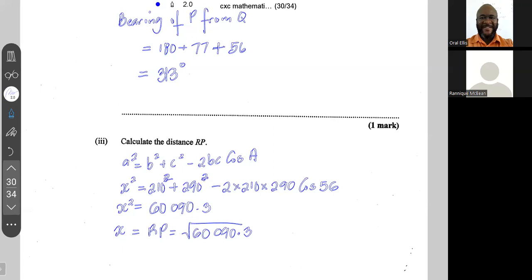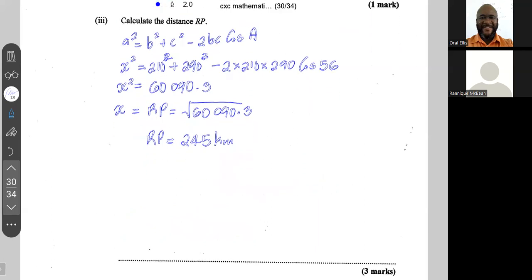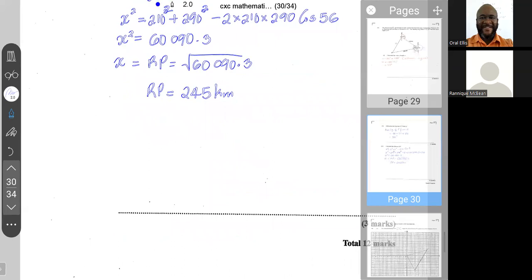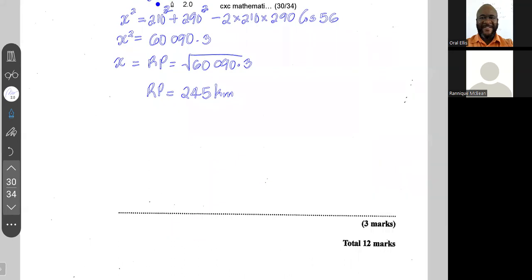The square root is RP is equal to 245 kilometers. RP is 245 kilometers. And that's the last part of the question. All right, that is the last part of question number 9.